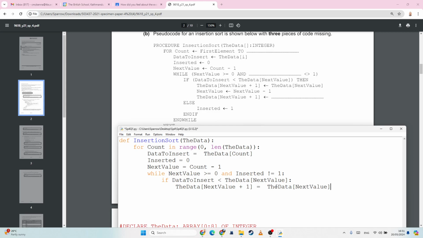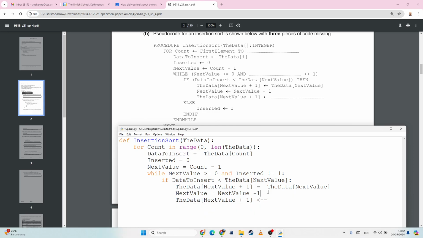Okay, and then I'm going to say next value equals next value minus 1. And I could say the data next value plus 1 becomes equal to, I believe, the data to insert.